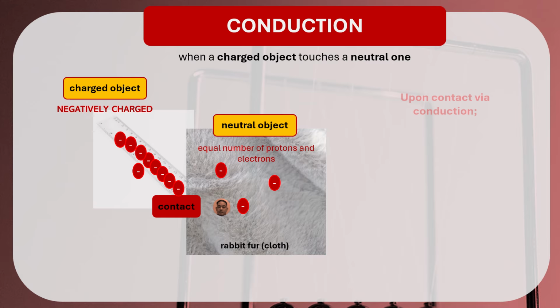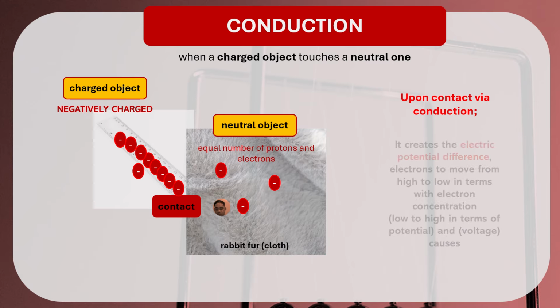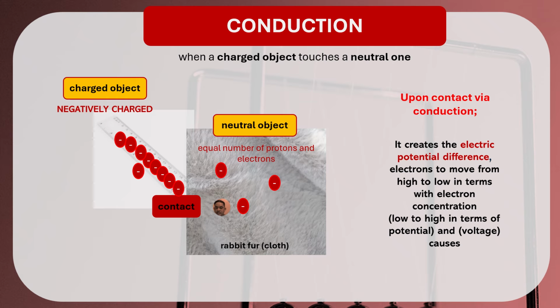Now, upon contact via conduction, this is what will happen. It creates an electric potential difference, or what we call voltage. Electric potential difference is the longer term for voltage. The electrons move from high to low in terms of electron concentration.